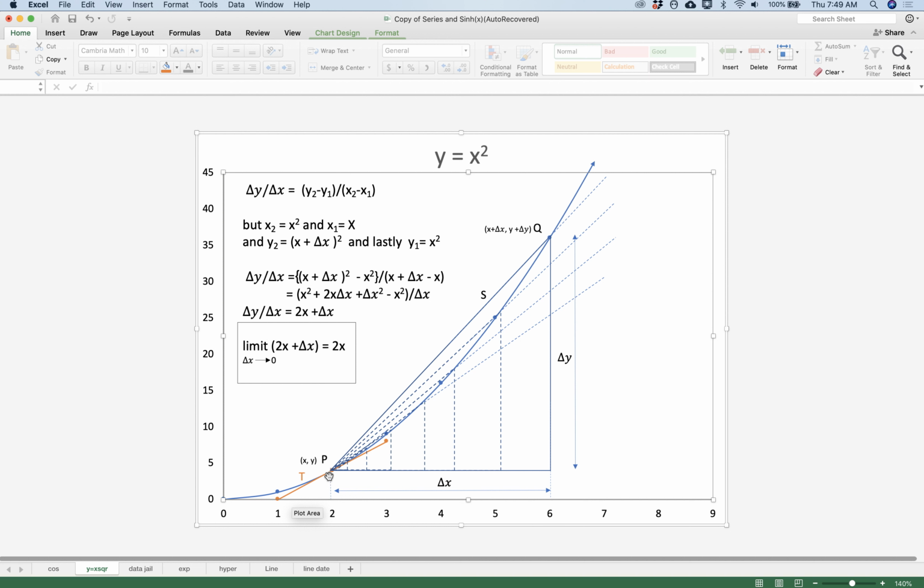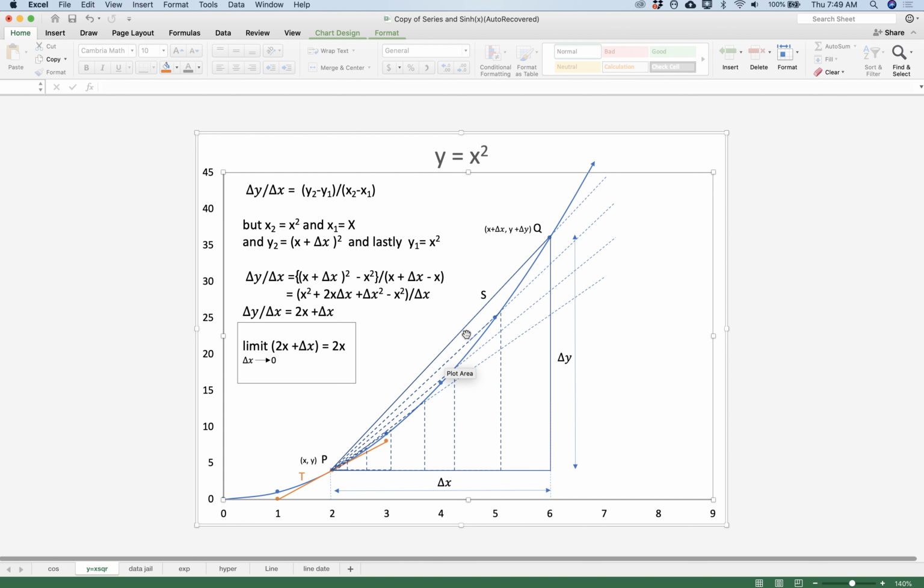This is the real tangent line at point P. You can see that how we choose our rectangle or triangle, our right triangle, we have an approximate slope on the hypotenuse that gives some kind of an approximation of the tangent line at point P.